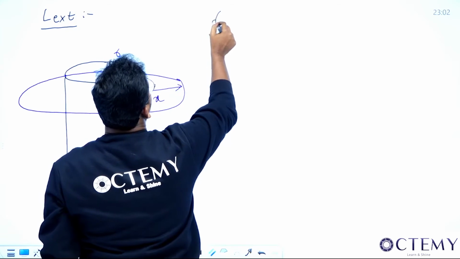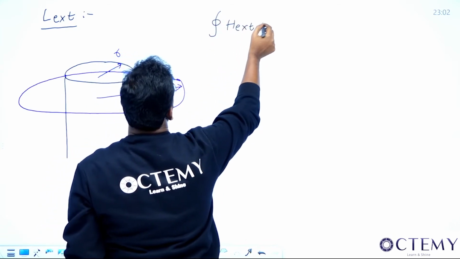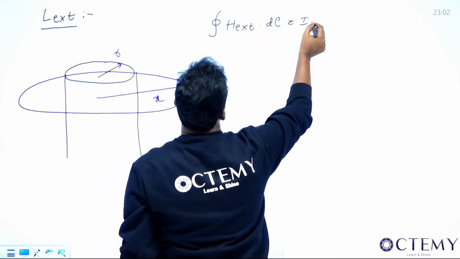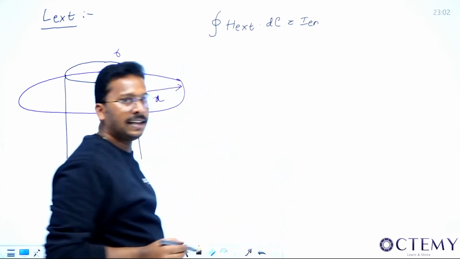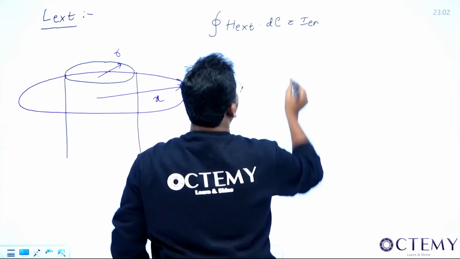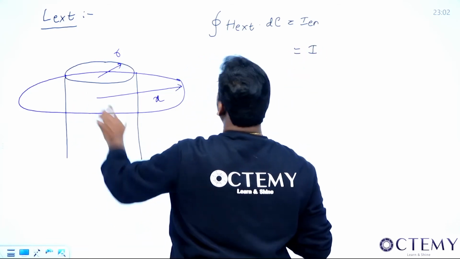Ampere circuital law, closed integral H, but this H is H external, into dl is equal to I enclosed. But what is the I enclosed here? The I enclosed is in air, there won't be any current flowing. So I enclosed is simply equal to I. That is the current flowing in the conductor.